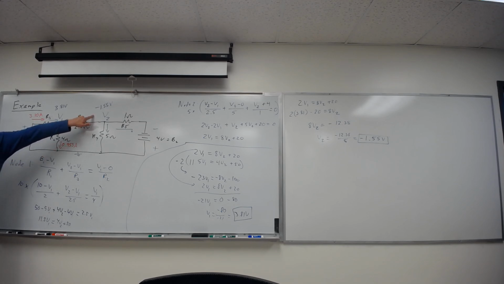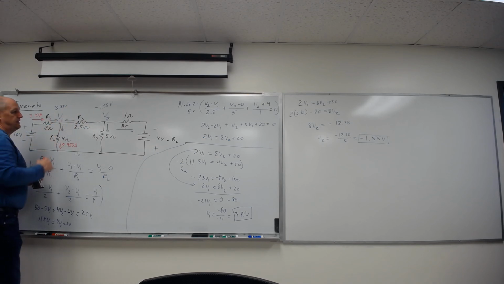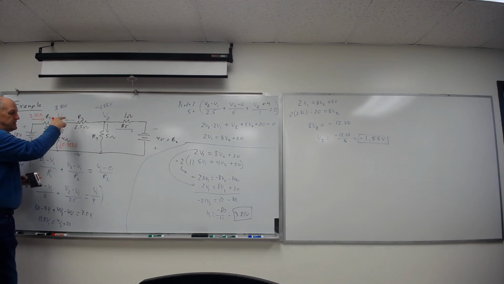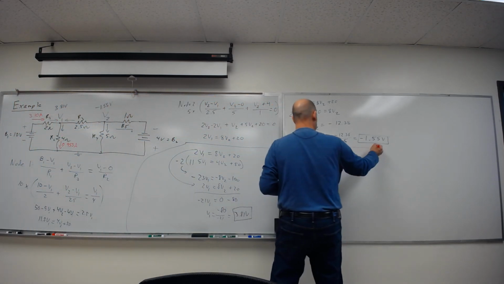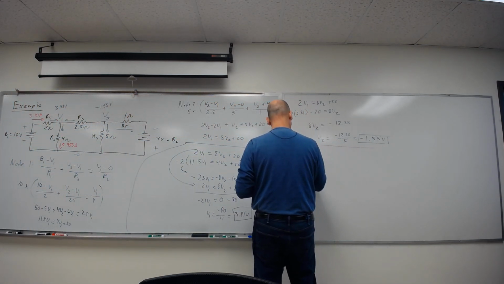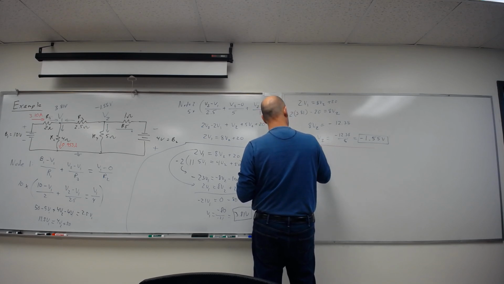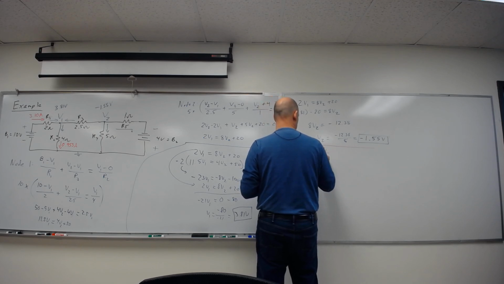The way I wrote this, the current through R3 right here. Actually, instead of getting this all messy, I'm going to write over on the board the current that goes through 3. The way I wrote it would be V2 minus V1 over R3, right?